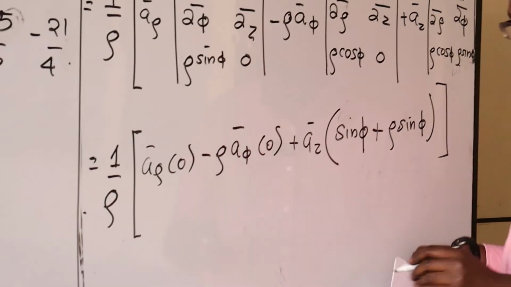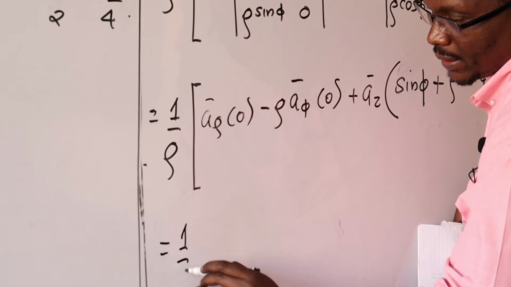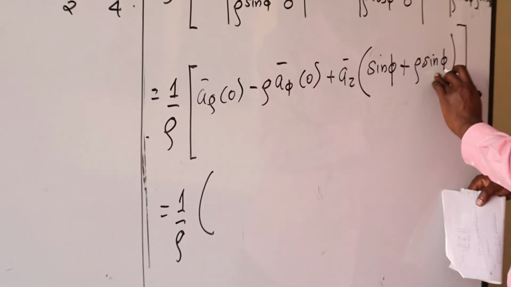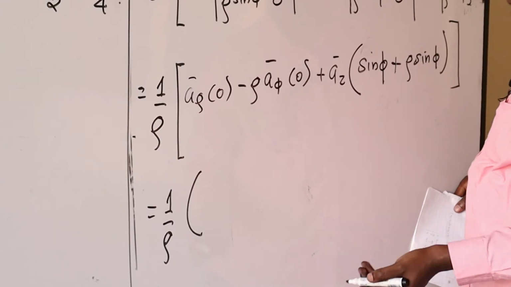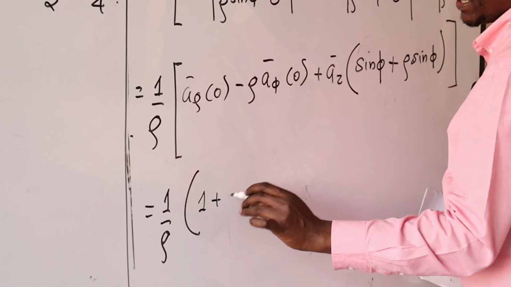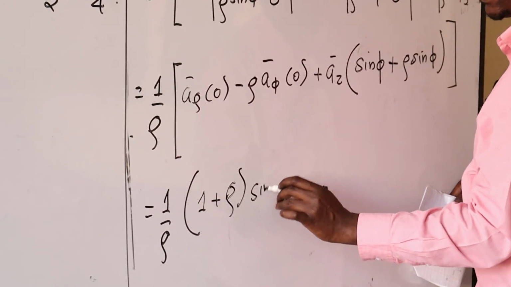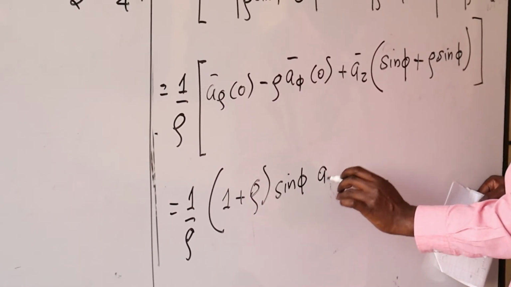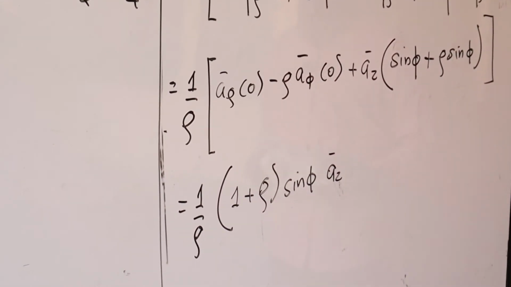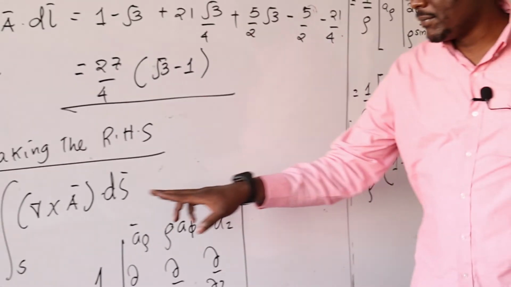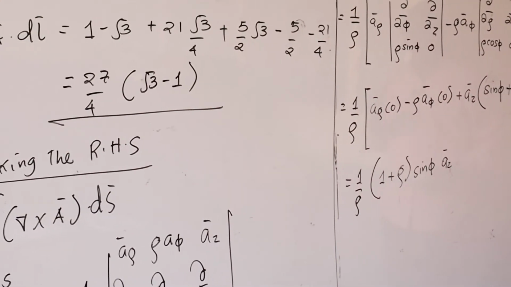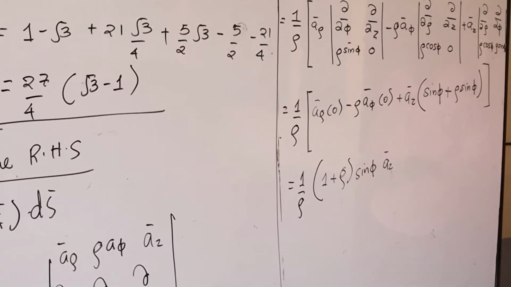So if we have this, we can now rewrite it as 1 over rho into sine, and sine is a common term, so we can factor that out, and we are left with 1 plus rho sine phi, direction is az. Now we've worked out this particular term that is in bracket here. So already we found that, and we've seen that the direction is in the az direction.